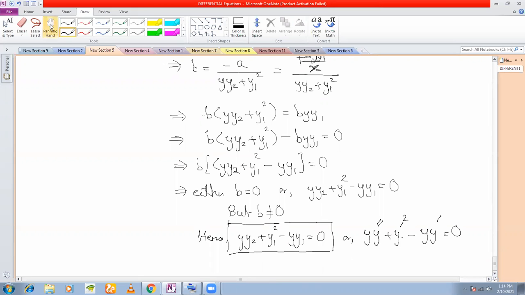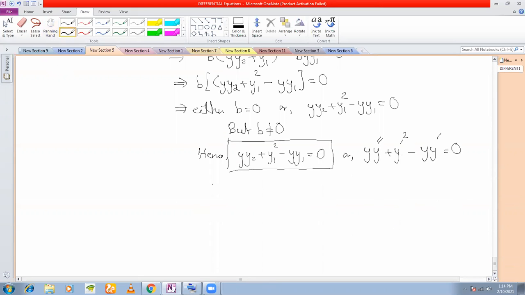You can either write it this way, or instead of y2, you can write d2y/dx2: y d2y/dx2 plus (dy/dx) square minus y dy/dx is equal to 0. This is the required differential equation. Understood? So can you tell me if this differential equation is linear or non-linear?